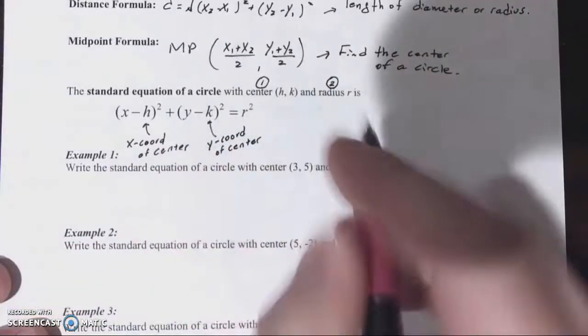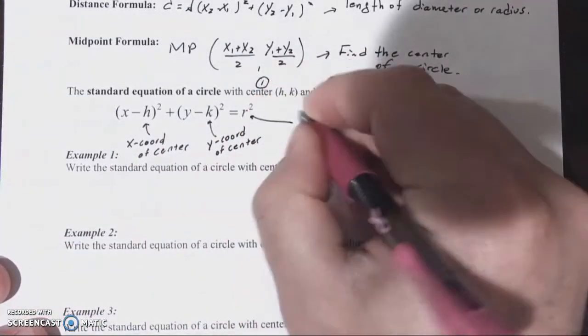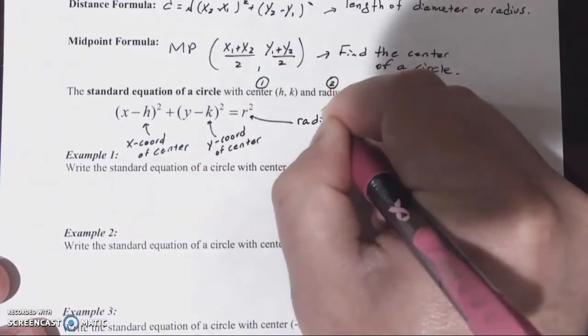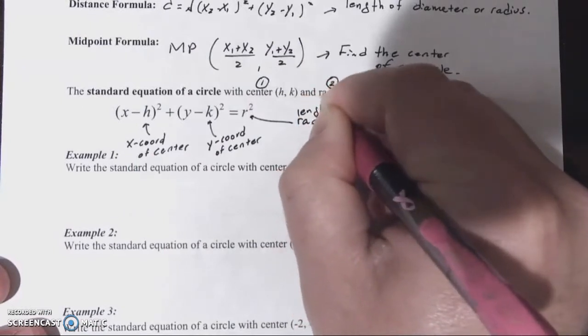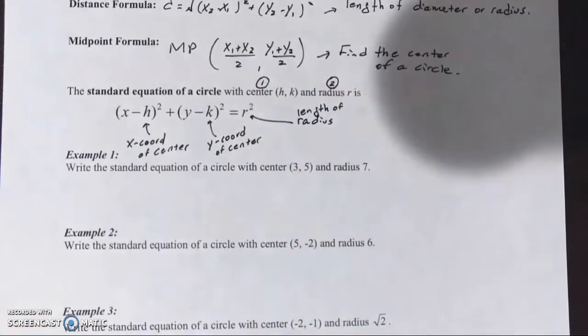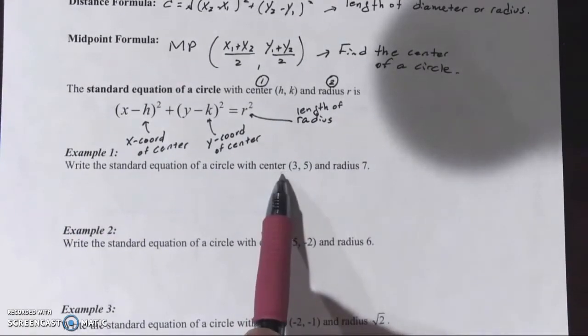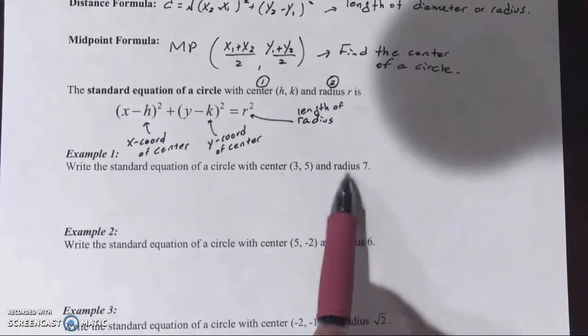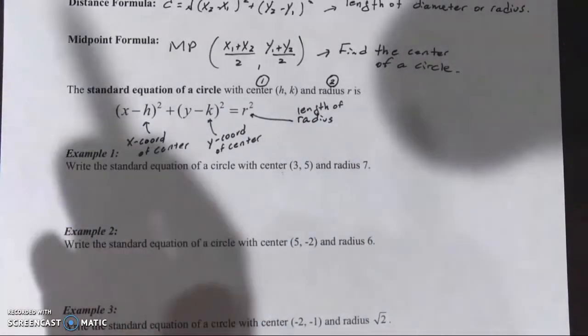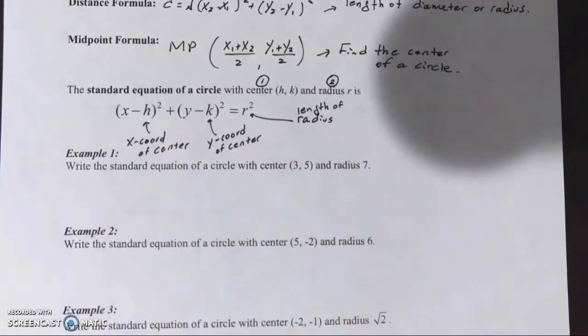There's minus signs in the formula, and obviously the r is the length of the radius. And you'll see how very simple this is depending on the information. If I tell you, like in example 1, where the center is located and the length of the radius, this is a very easy problem to do. It's very easy to write this in standard form.